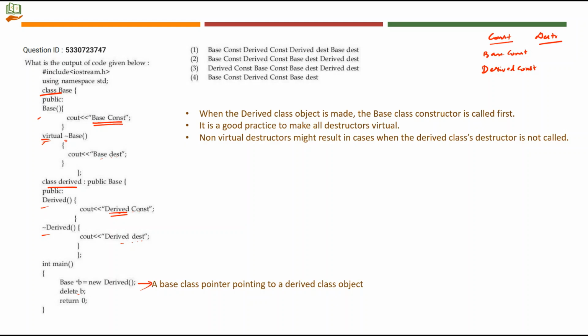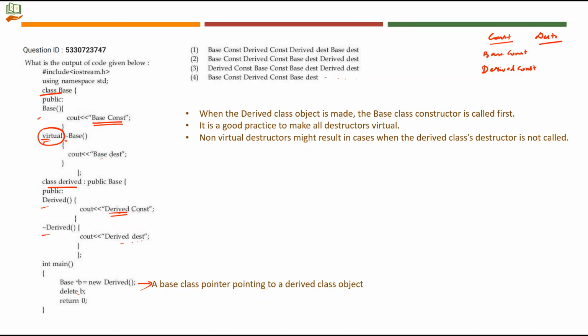Why have they asked us to make it virtual? Non-virtual destructors might result in cases where the derived class destructor is not called. So if you take the fourth option, derived destructor is not called. But here they have declared the base destructor with the keyword virtual, which means in this case the derived destructor will definitely be in the output.